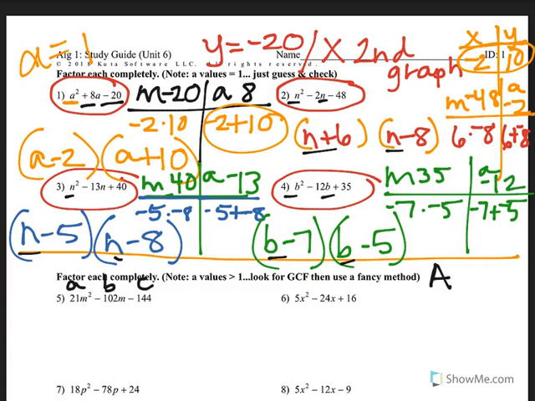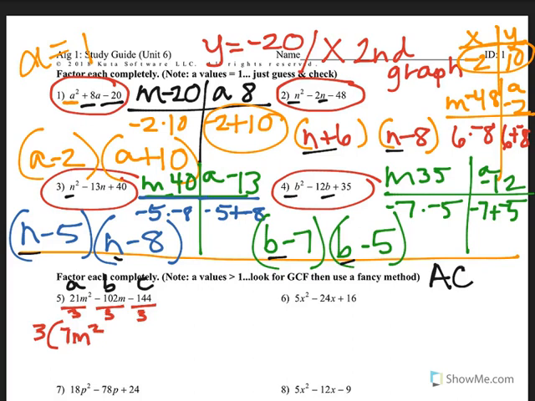So I'm going to divide all of them by a common multiple, which here is going to be 3. So if I divide all of these by 3, and remember, everything that I take out or everything I'm dividing by, I'm going to put on the outside. So 3, and then 21m squared divided by 3 is 7m to the second power.